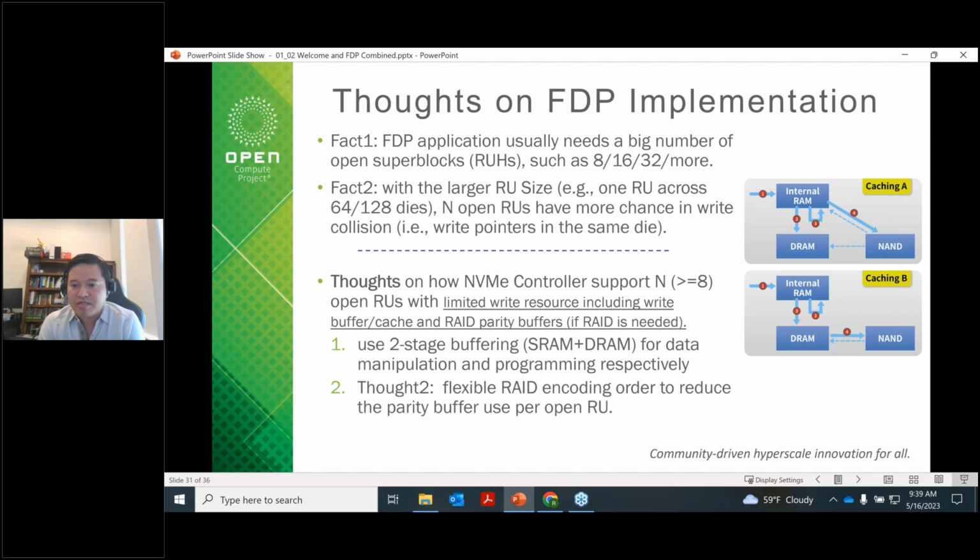So all the facts imply we need much bigger write resources in the data path, including the write buffer and the read parity buffer. Here are some of our ideas. The first one is to use a two-stage buffer, including SRAM and DRAM for data manipulation and programming, respectively.